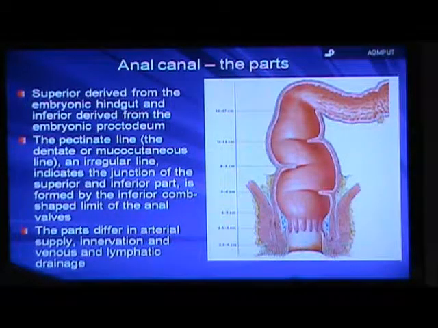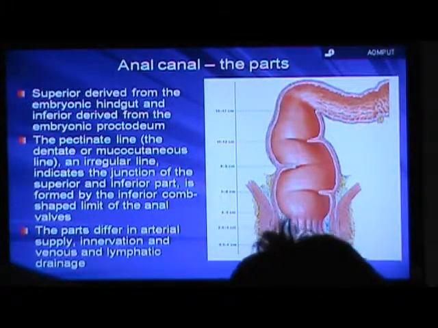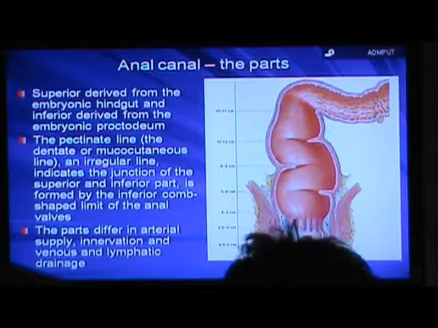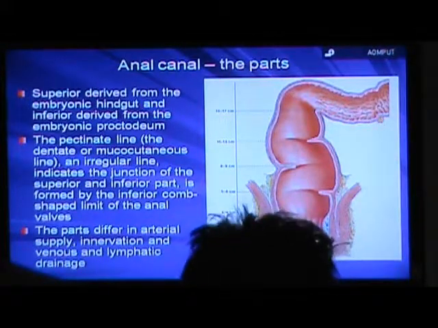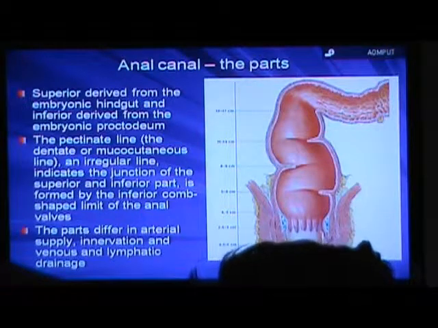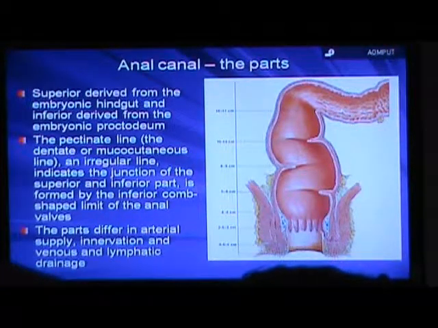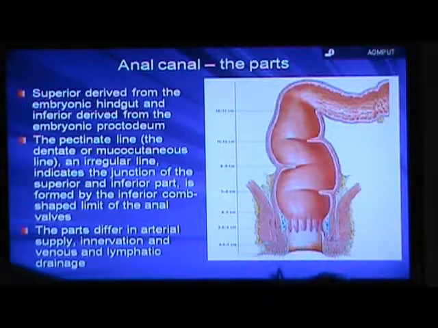So the anal canal has two parts, the superior and the inferior. The superior part is derived from the embryonic hindgut, and the inferior is derived from the embryonic proctodeum. So look, here we have the end of the hindgut, and this is the embryonic proctodeum.